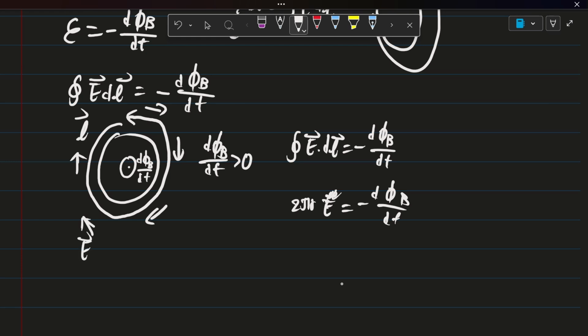And remember the relation between the electric field and the current: the electric field is always in the same direction as the current. In here, that's the case because of this situation. The current cannot go past the path, so it must be contained within the path.